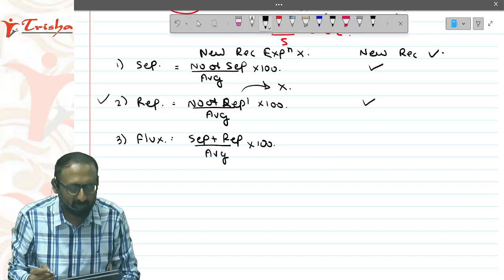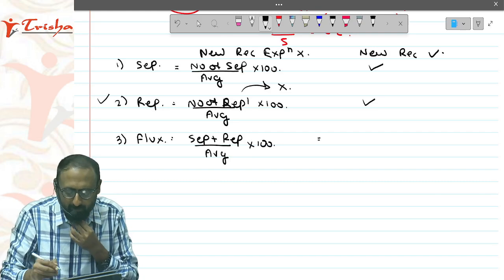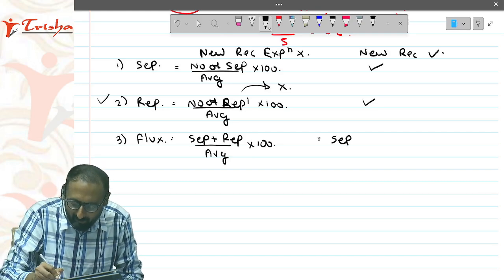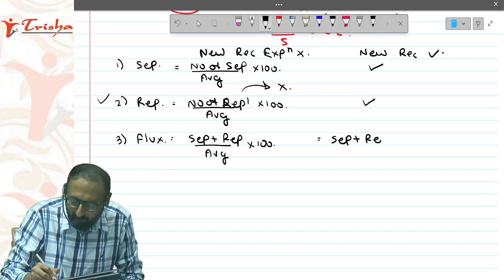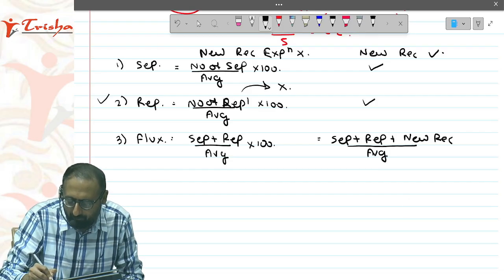Now let's discuss the flux method. Now you'll have to change the flux method. If new recruitment for expansion is given, it is number of workers separated plus number of workers replaced plus new recruitment for expansion divided by average number of workers.